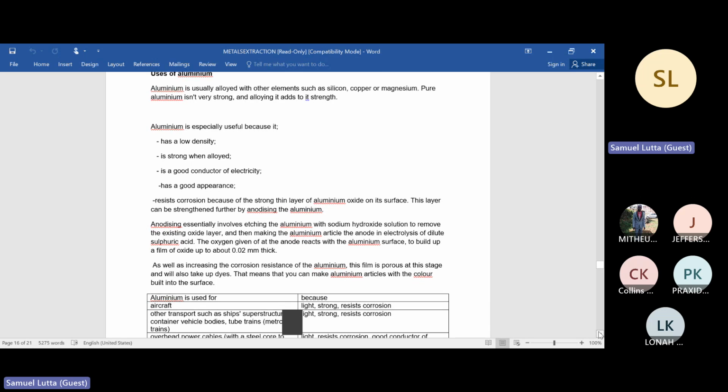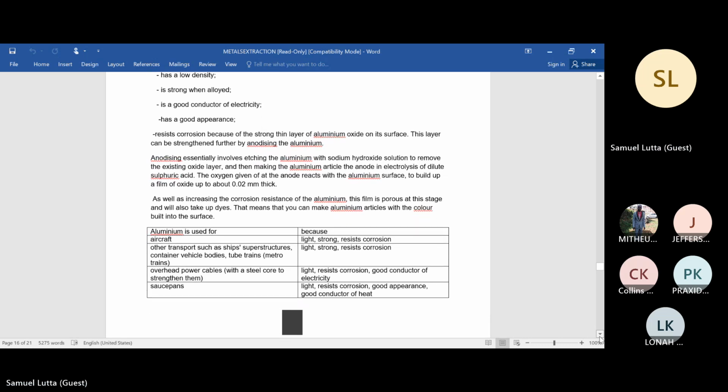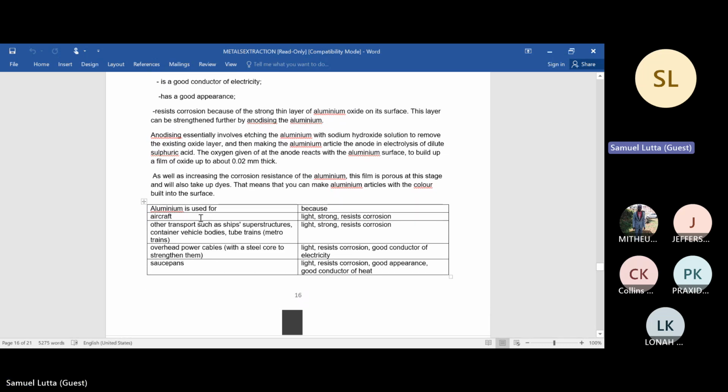So there is a process which is called anodizing aluminium, where you use aluminium as the anode. When you use it as the anode, it will dissolve in the solution and then get deposited on the other material. So this is just like coating with aluminium. The uses are indicated on this table. It is used to make aeroplanes because it is light.